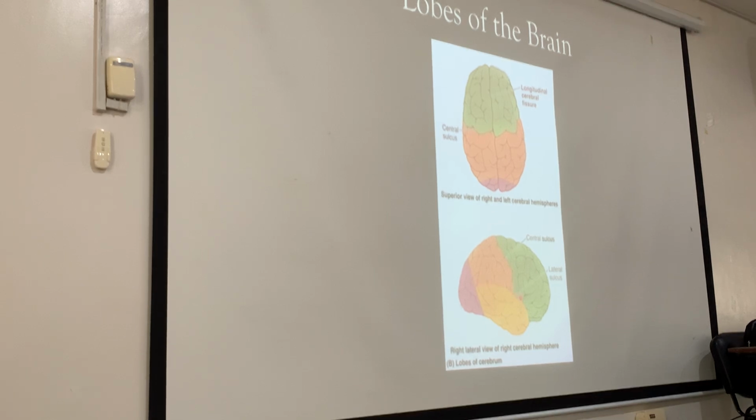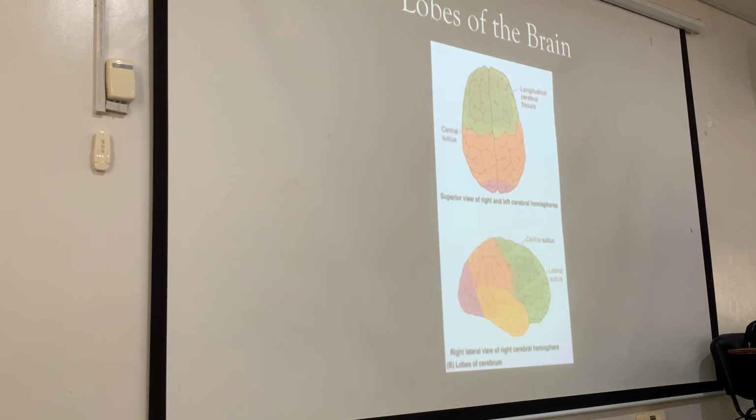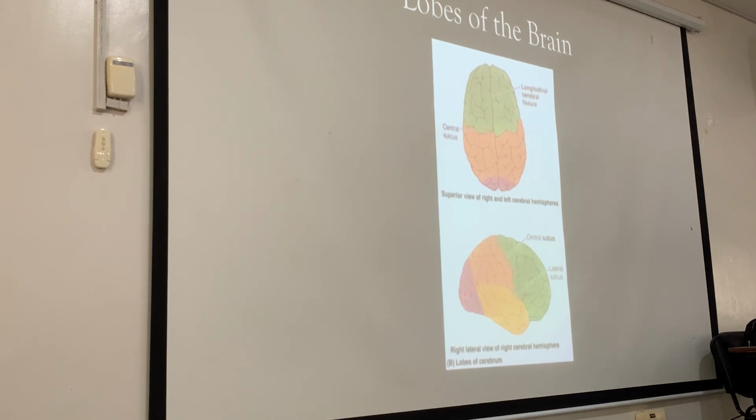So this is a side view. This patient is facing to your right side. We are seeing the right cerebral hemisphere. And here we see the frontal lobe again in green. There is a central sulcus of Rolando here, separating the frontal lobe from the parietal lobe. So the parietal lobe is colored orange. And then underneath the occipital bone, we have the occipital lobe.